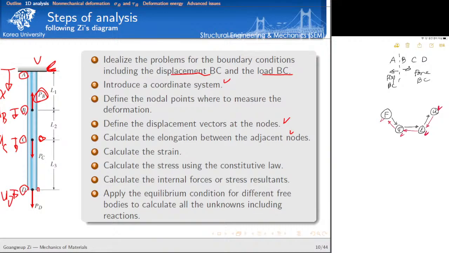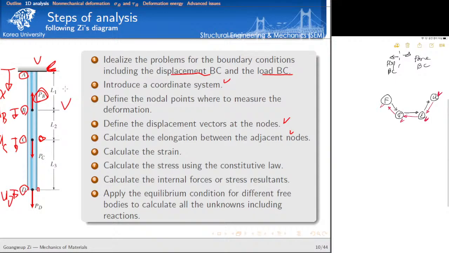Okay, so let's consider this problem. I have UA, UB, UC, and UD. So let's calculate the elongation. The elongation in the AB segment is calculated as what? UB minus UA. Here UA is equal to 0 because of the boundary condition, so simply UB.